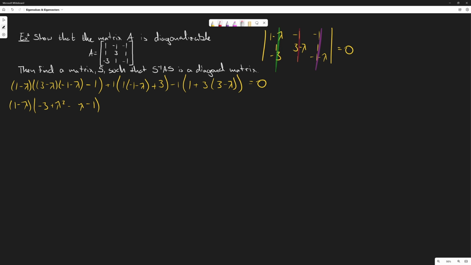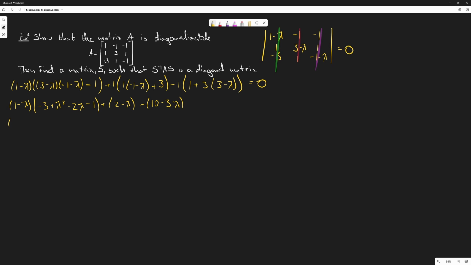That would be positive 1. So this would be minus 2 lambda. And this would be plus 2 minus lambda, then minus 3 times 3 is 9 plus 1, 10 minus 3 lambda. And that is equal to 0.